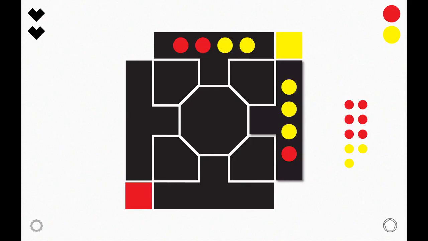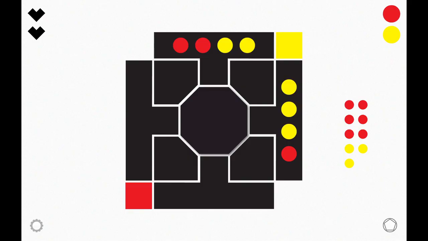You have 1, 2, 3 slots that you can touch. I think this one might have to be yellow, because there's only 3 yellows. Because that would be 1.